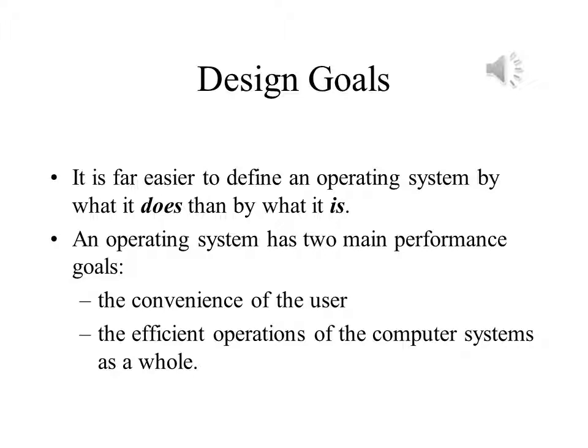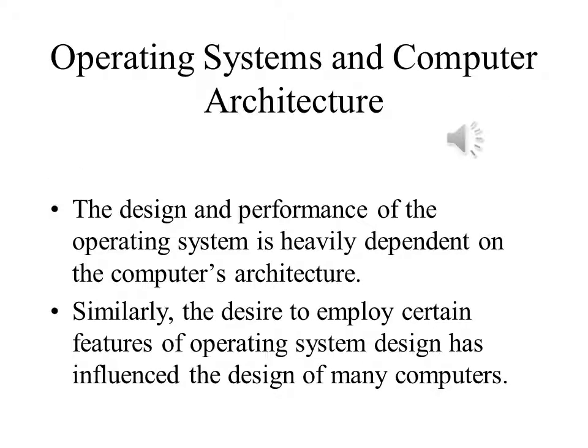The operating system is first and foremost an interface between users or their applications and the computer's own hardware. That means that the features available in an operating system depend very heavily on what can be supported by the hardware.